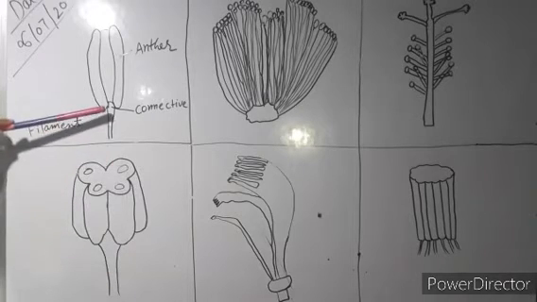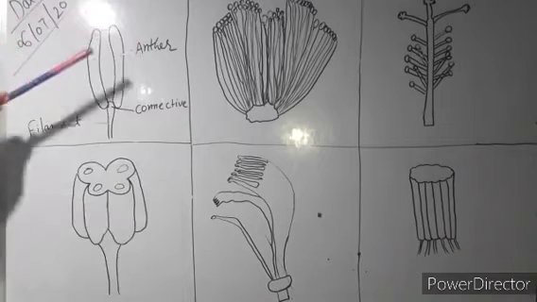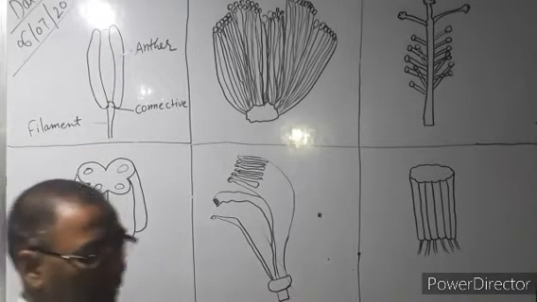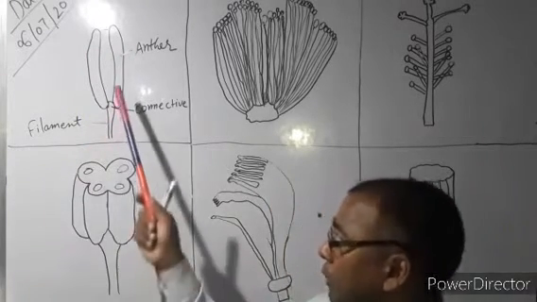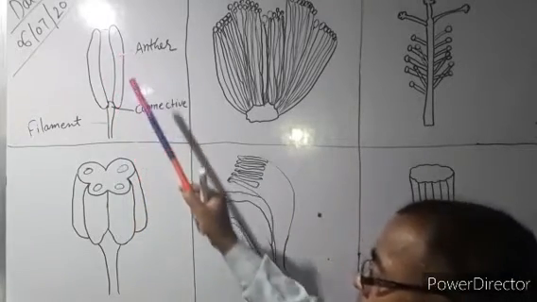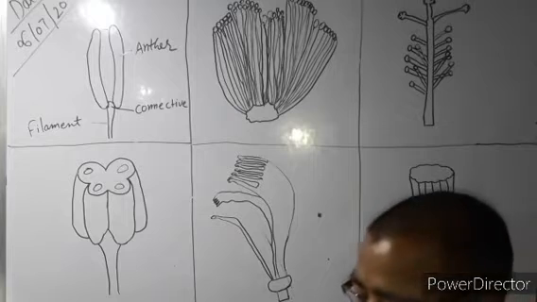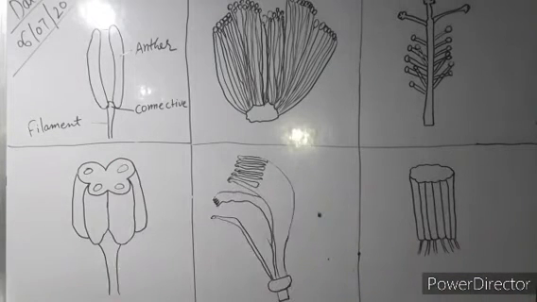At the end of the filament there is an anther, and it is a bilobed structure. One lobe consists of two pollen sacs.